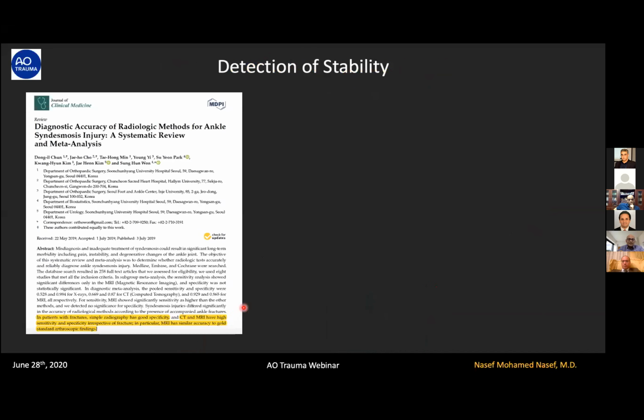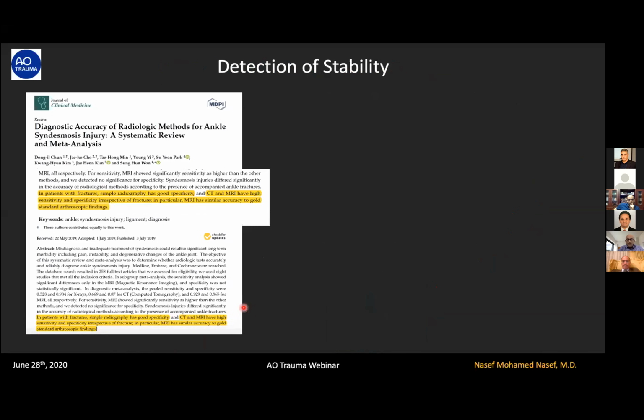So to detect this stability, there have been questions. Some people advocate that in simple fractures, simple radiography is enough. So not the CT and not the MRI, as probably Dr. Ahmed said, because the CT and MRI would be more significant in ligamentous only injuries.